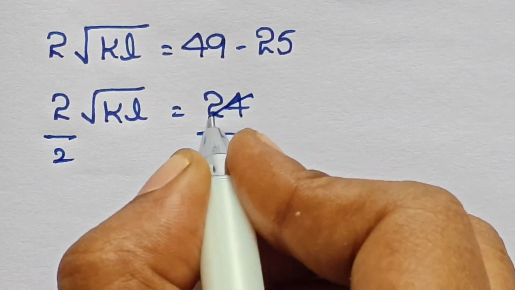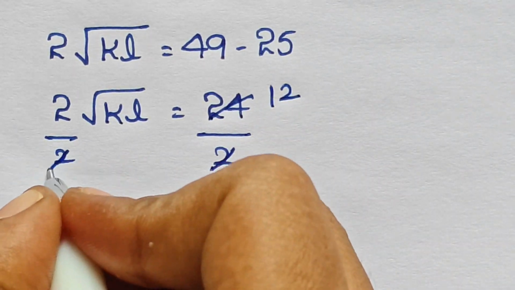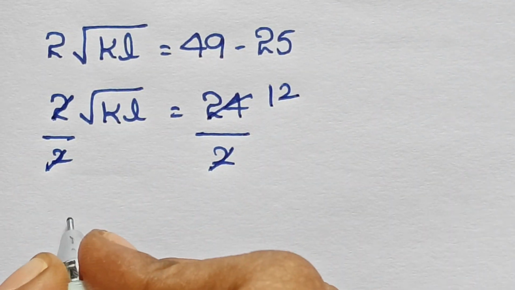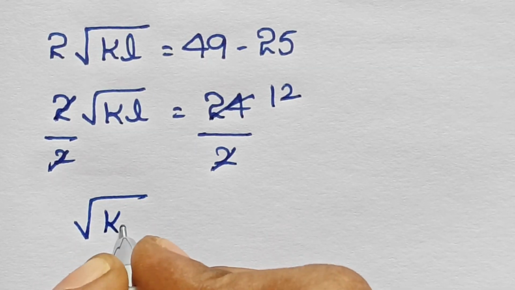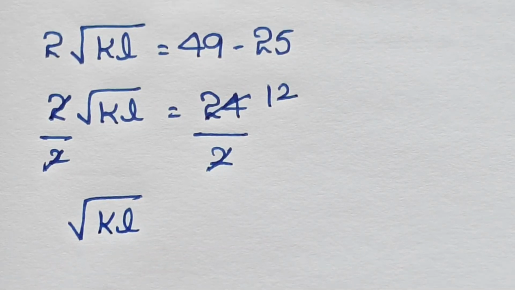Both sides divide by 2. 2 ones are 2, 2 twelves are 24. Square root kl is equal to 12.